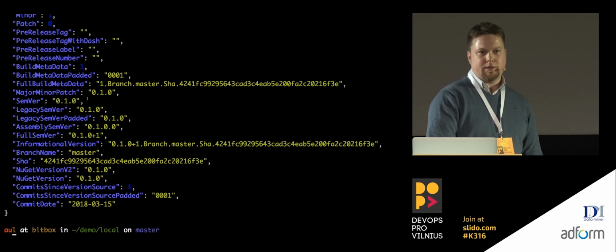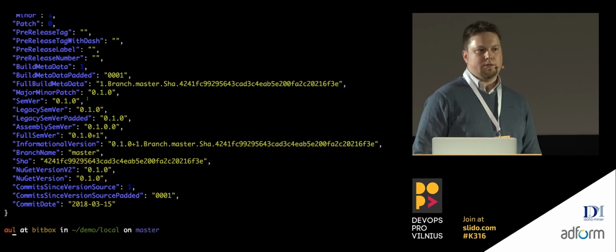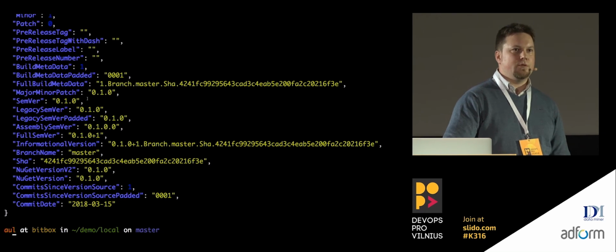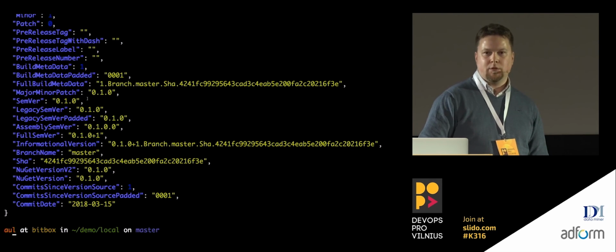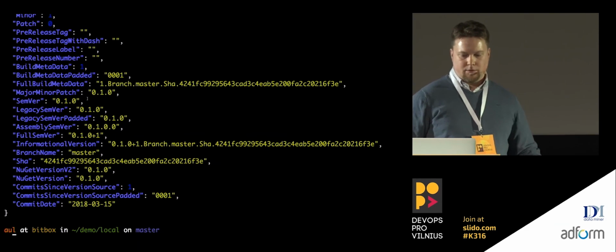GitVersion basically just creates a version number for the given commit on the branch it resides in. As you know, in Git you can have many references pointing to the same commit, so depending on which reference, that being a tag or a branch, you have checked out, the version number may be different. And GitVersion has all this knowledge built in, so it will generate that automatically for you.